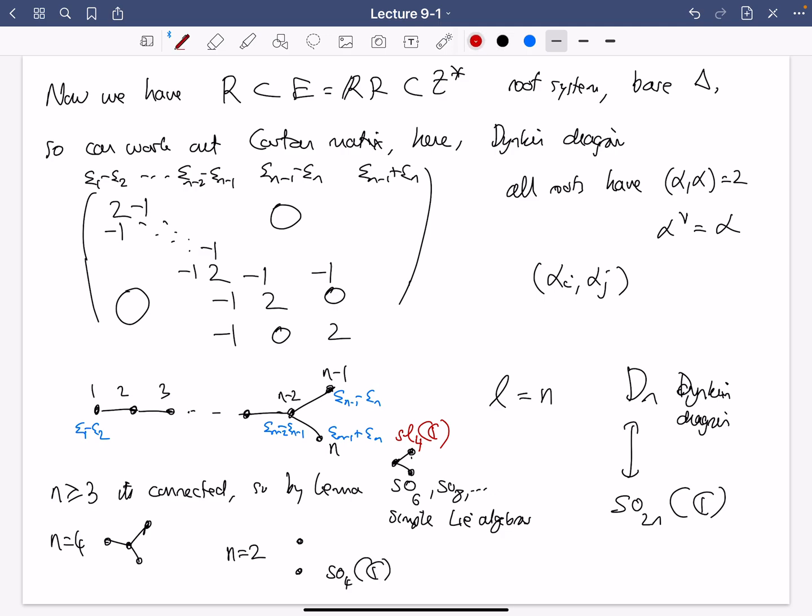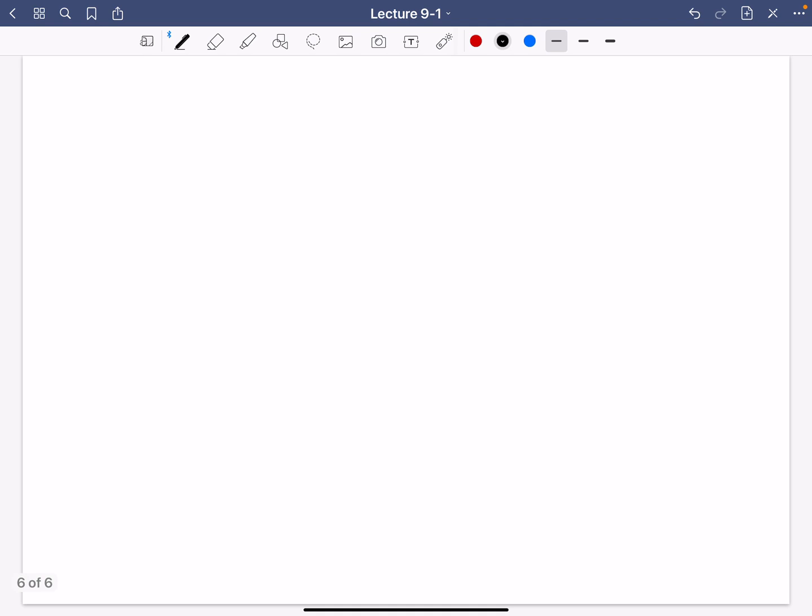And SO4 is actually just the same as SL2 direct sum SL2. So that's a kind of degenerate case. SO4 is actually not a simple Lie algebra. I guess you can think about SO2, but that's just a trivial Lie algebra, so that would have no vertices in the Dynkin diagram. Let's go back to the general case again.